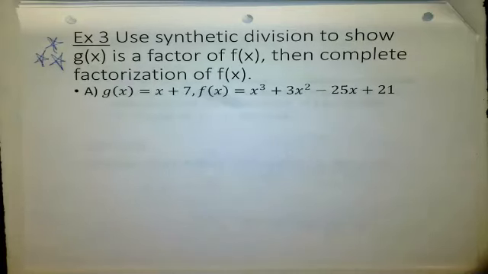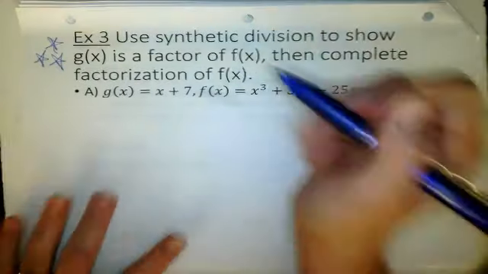Our goal is always to factor polynomials. We want everything in bubbles. And sometimes we can write all those bubbles by hand, and sometimes we can't. And when we can't, we have to use things like synthetic division to help us out.